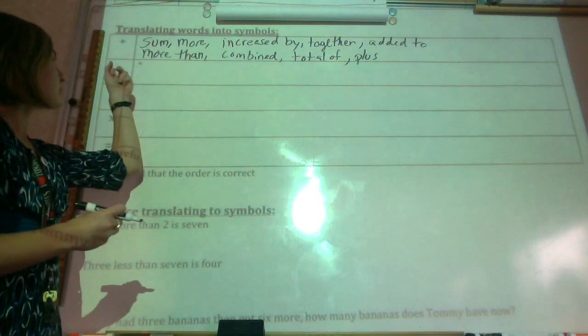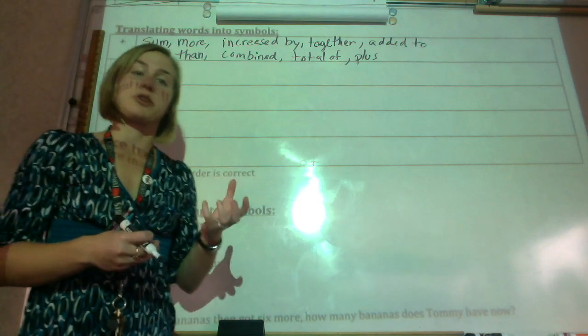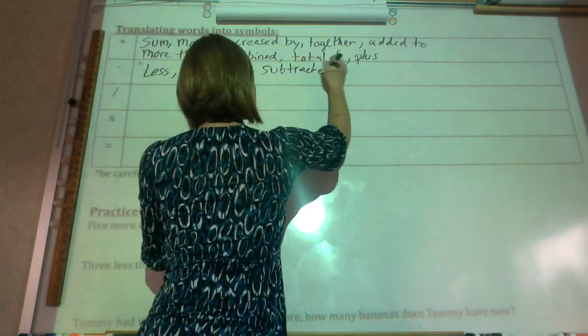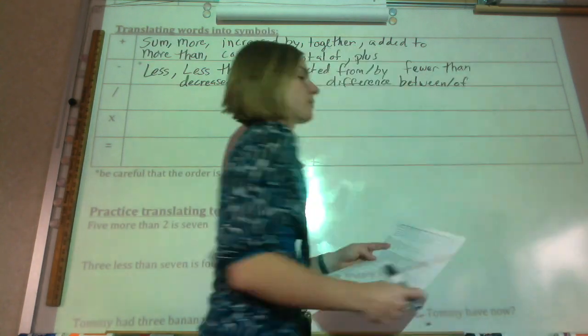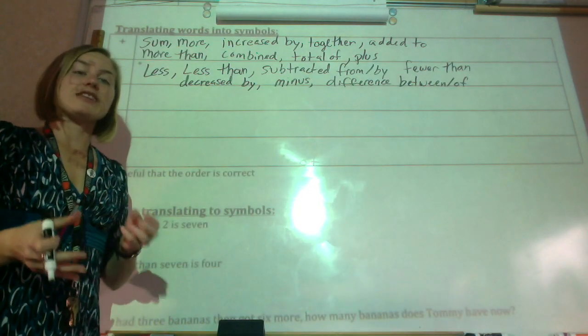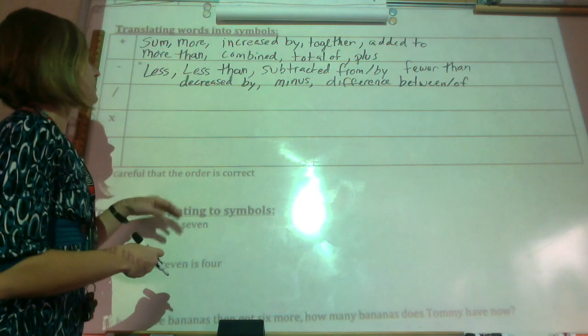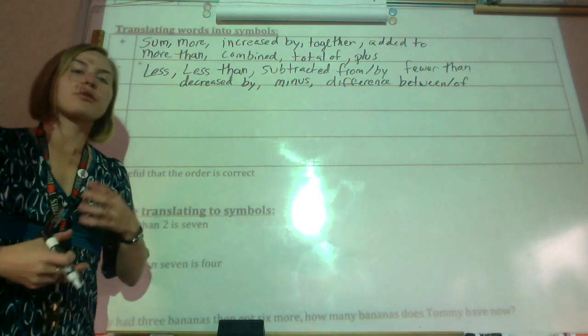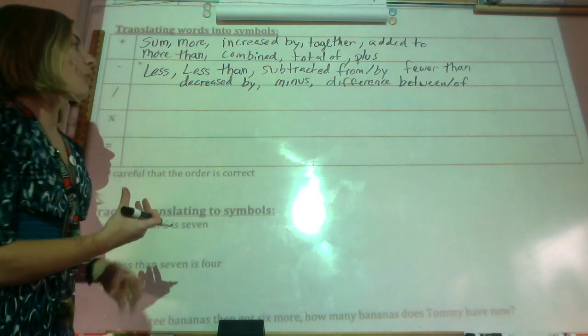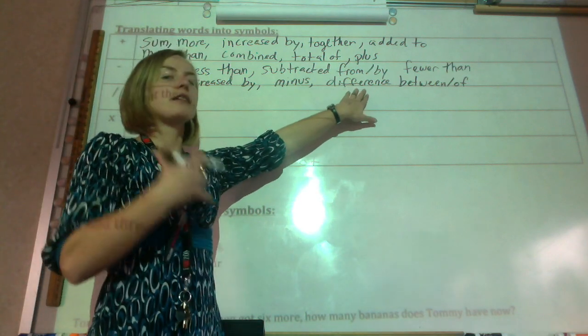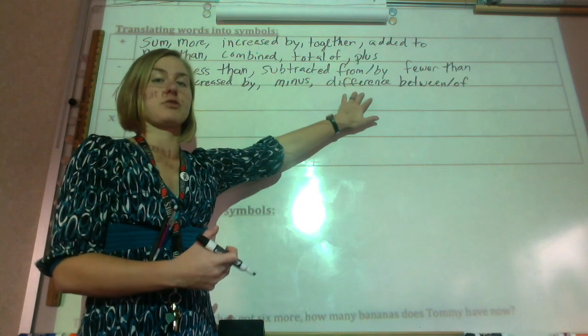Now let's take a look at the ones that you want to translate into subtraction. So if you see something like less than, 3 less than 7, you're going to want to be doing subtraction. Or the difference between 5 and 2, that's subtraction.